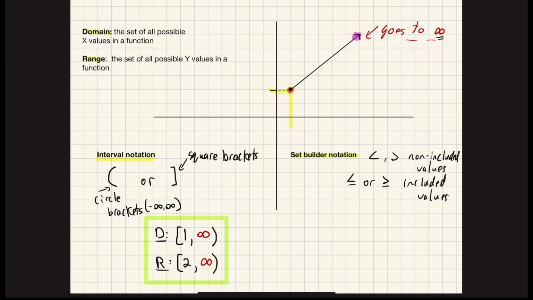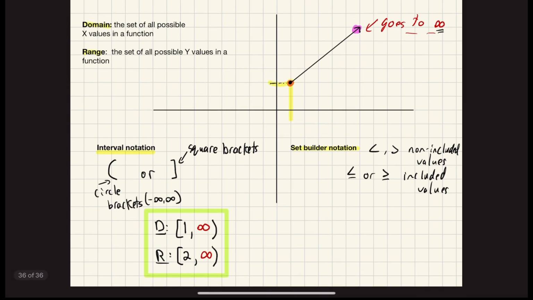So for a standard set builder notation description, we do it like this. We say that for all values of x, and that's what this part means, where x ∈ ℝ. That's what x ∈ ℝ means, all real numbers, so no complex numbers. Then we often describe the lowest values, whether they're included or not, based on these inequality signs.